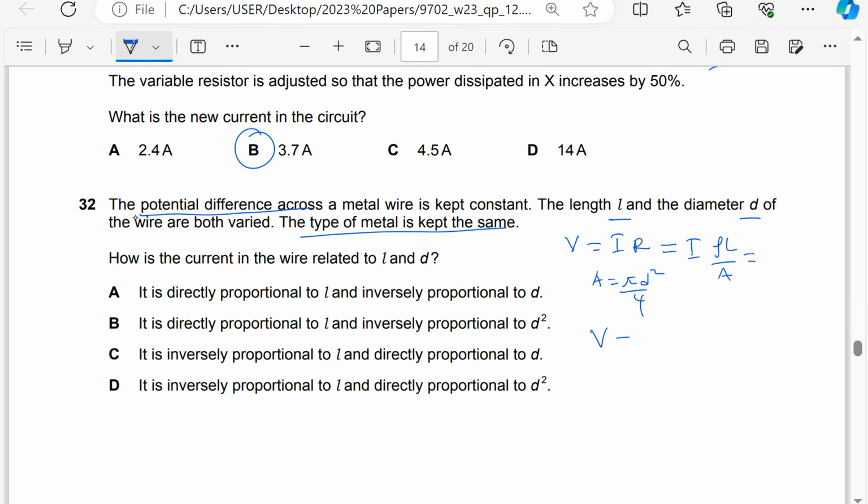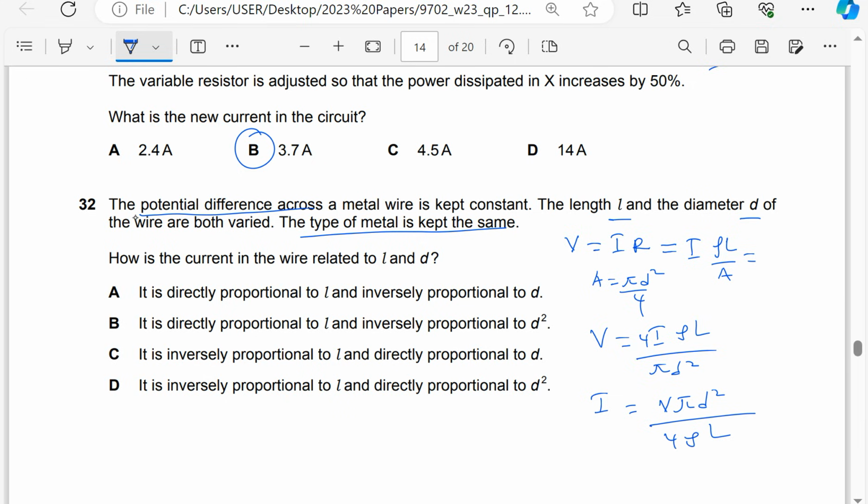So V is going to be equal to I times rho times L times 4 divided by pi d squared. So the question is, how is the current in the wire related to L and D? I make I the subject. So I is going to be V pi d squared divided by 4 rho L.